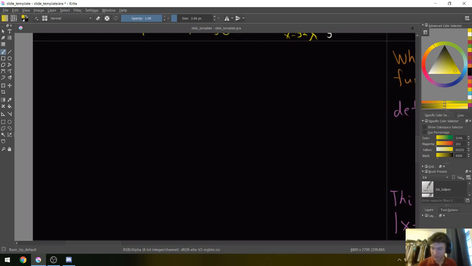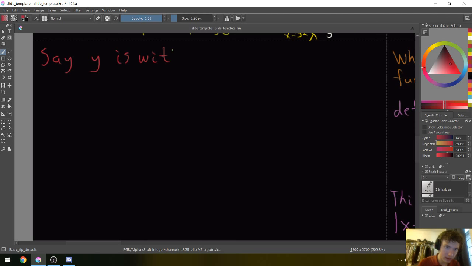Okay. So if I wanted to say that the variable y is within some distance epsilon of 100, how would I write this in a single line using an absolute value?